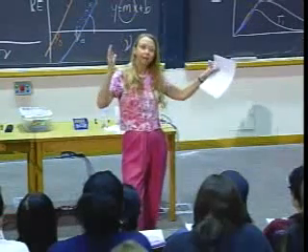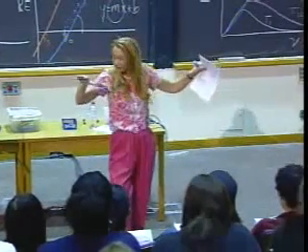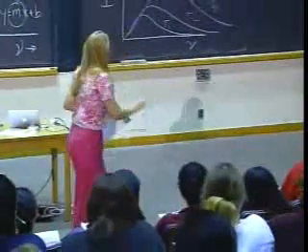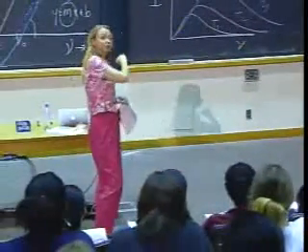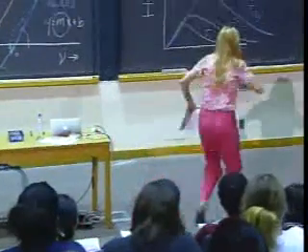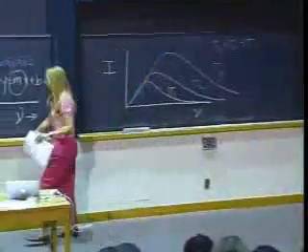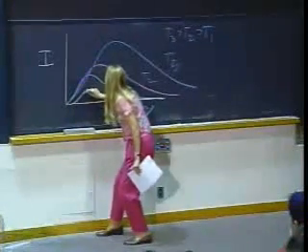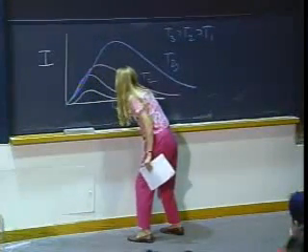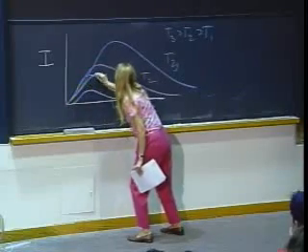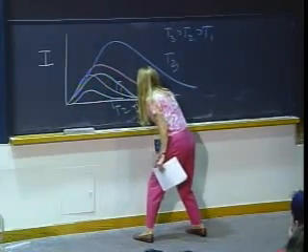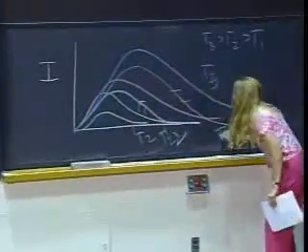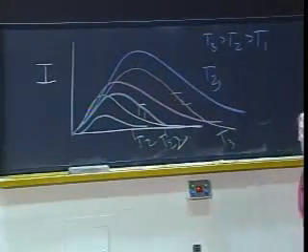Using that basic idea and something called statistical mechanics, he was able to calculate the shapes of these curves. This green here is a calculated curve for T1, a calculated curve for T2, and a calculated curve for T3. So he got the shape right, but he didn't get the magnitude right.